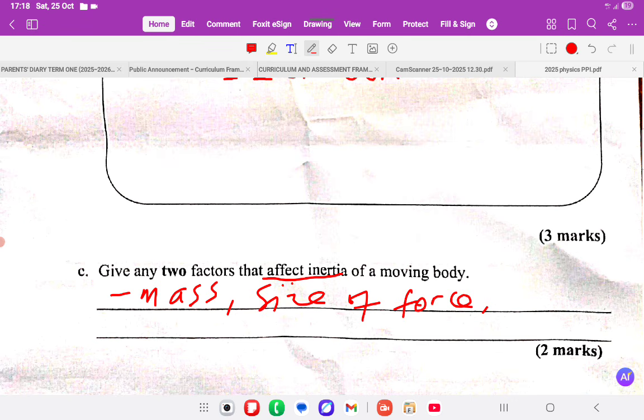The bigger the force, the less resistance the body is going to exert. If the force applied on the body is greater, its inertia is going to be less. But also the type of motion involved.